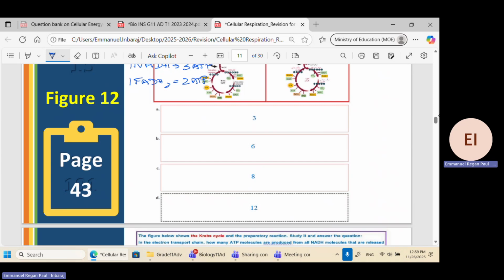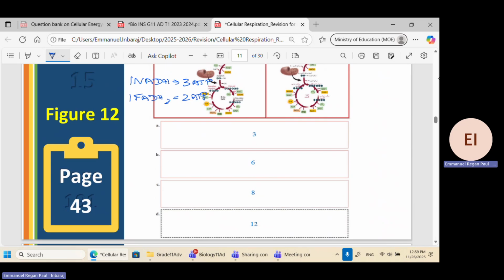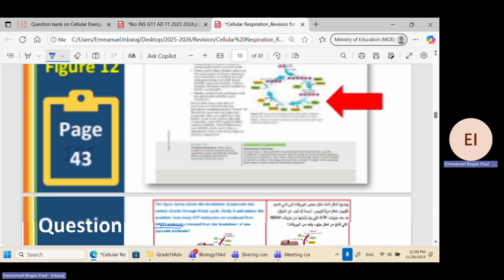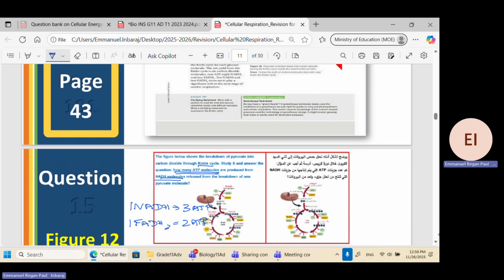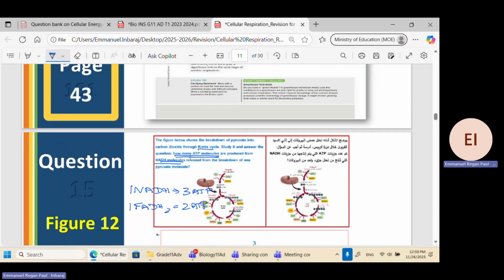Wait, there is something here. We have to check the question again. Why do they say 12? Let me check the question. Watch carefully. The figure below shows the breakdown. Study it and answer the question. How many ATP molecules are produced from NADH molecules released from the breakdown of one pyruvate?